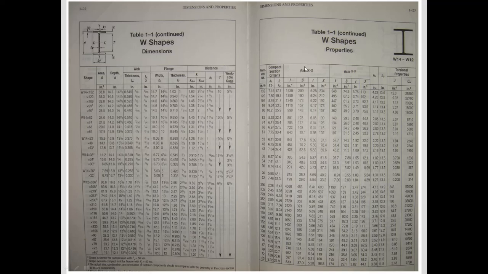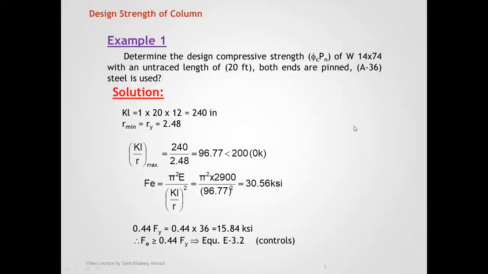Here is r about x-axis and this is r about y-axis. So when we come here, we see this value r x is 6.04 and r y is 2.48. So this is the least value for r. So we put here r y as r minimum and this is 2.48.